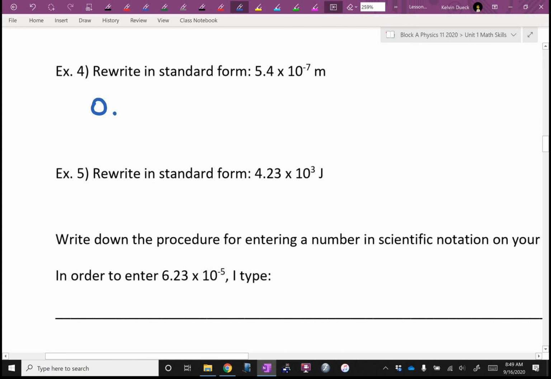Ethan, 10 to the negative what? 7. So the most common mistake is kids think that means 7 zeros. It means 7 spots. 1, 2, 3, 4, 5, 6. The 5 is the 7th spot. And then the 4 gets tacked on. And then units, meters.